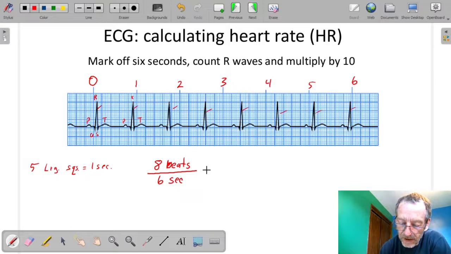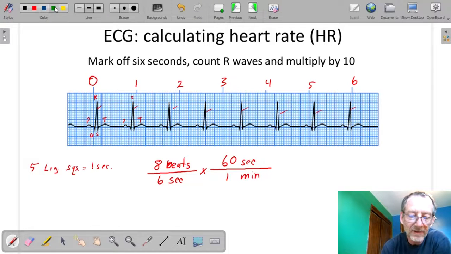We want this in beats per minute, not beats per second. So we get rid of seconds and convert it to minutes. So there are 60 seconds in 1 minute. Good. Cancel out the seconds.